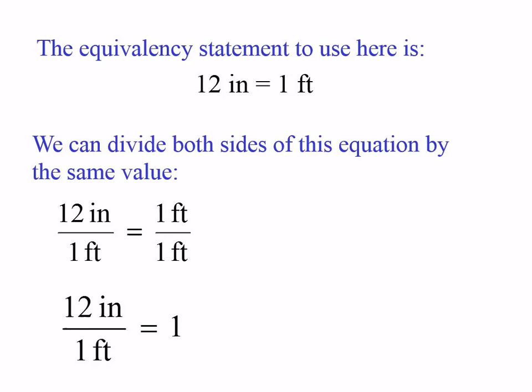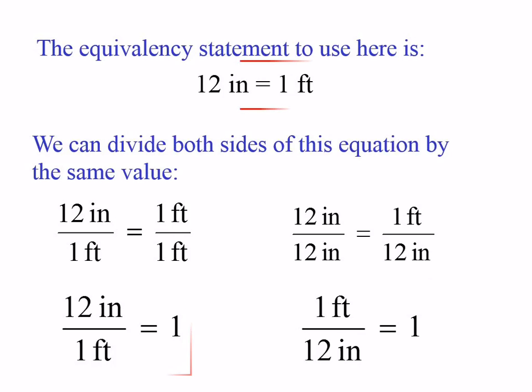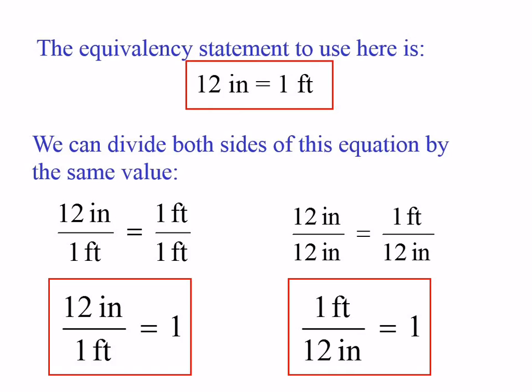All right. Well, instead of dividing by 1 foot, let's divide both sides by 12 inches. So now we have 12 inches over 12 inches, which is equal to 1, is equal to 1 foot over 12 inches. So I took the flattened out version, the equivalency statement, the equals statement between the old and the new units, and I basically make 2 ratios.